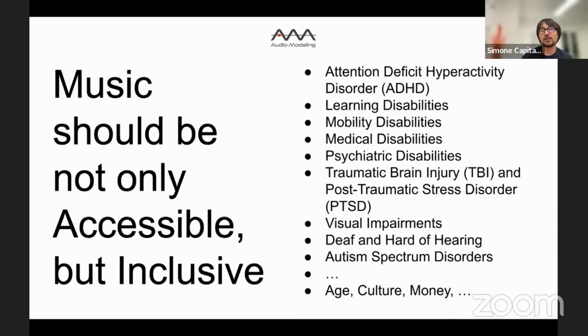So we would like to start a discussion with the MI players to build maybe a working group, to start an activity to build not only products that are accessible but inclusive, and create almost the same experience for everyone.